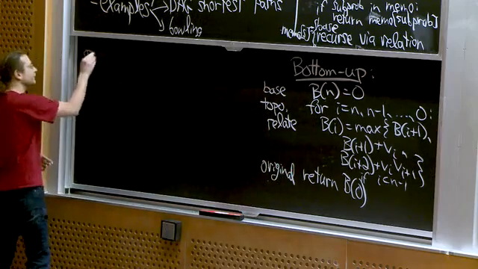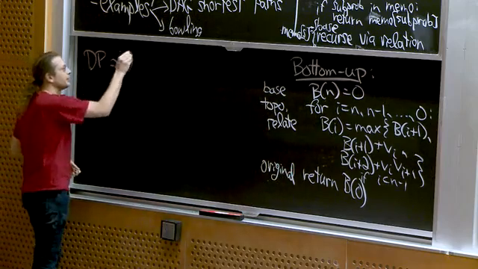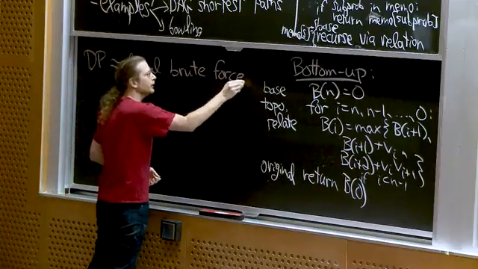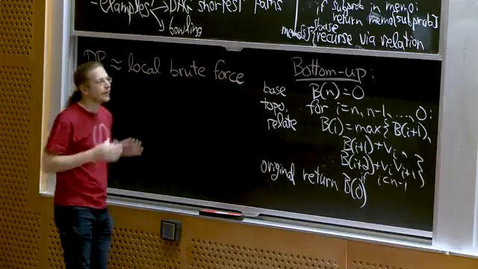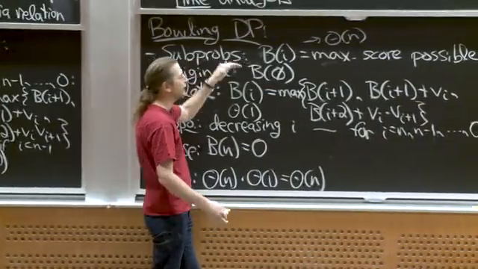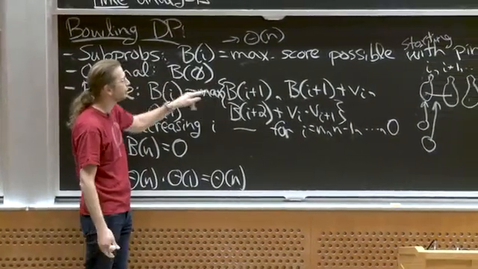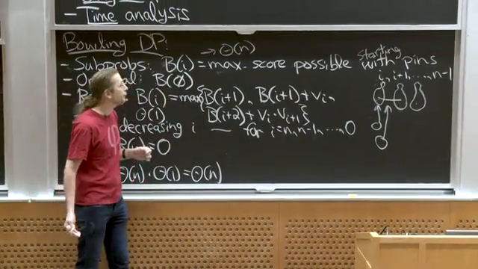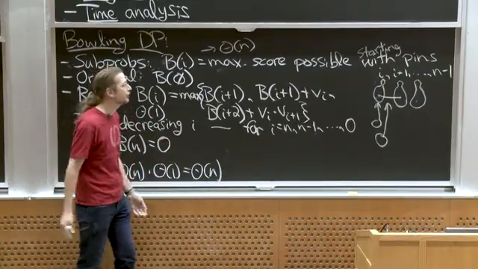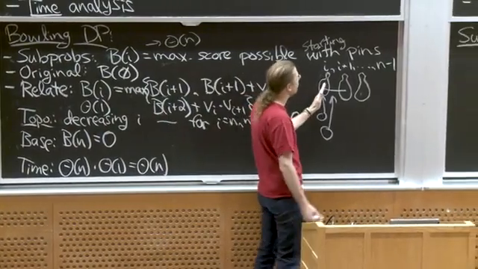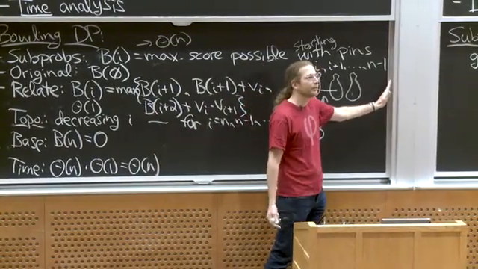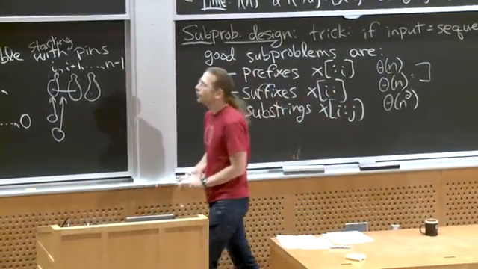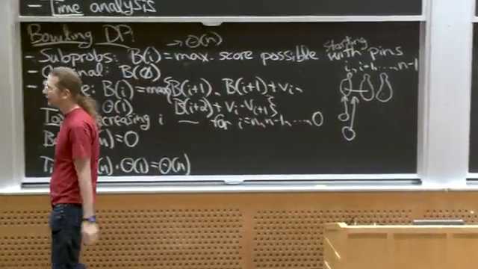DP is essentially an idea of using local brute force and by defining a small number of subproblems up front, and as long as I stay within those subproblems, as long as I'm always recursing into this polynomial space, I end up only doing polynomial work, even though I'm in some sense exploring exponentially many options. And it's because what I do to this pin doesn't depend too much on what I do to a pin much later. And there's a lot of intuition going on here for when DP works, but we're going to see a lot more examples of that coming up.